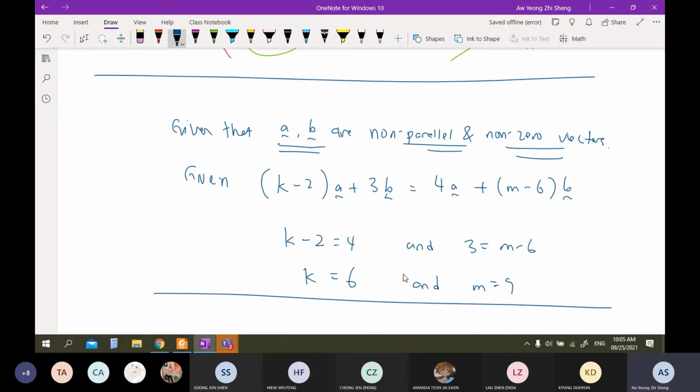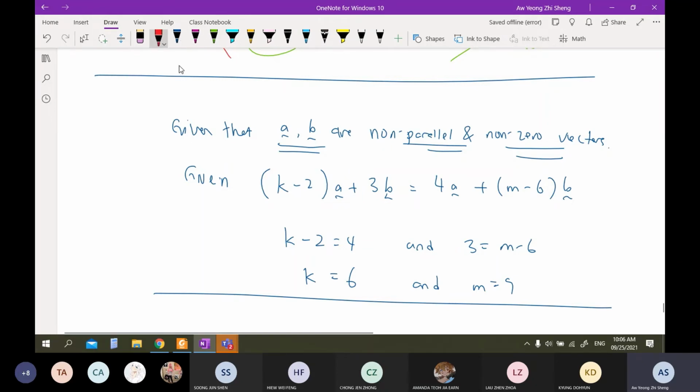However, one thing to take note of is if you have 3 or more vectors involved in the same equation, then things are not as straightforward. It is not always correct to compare coefficients.